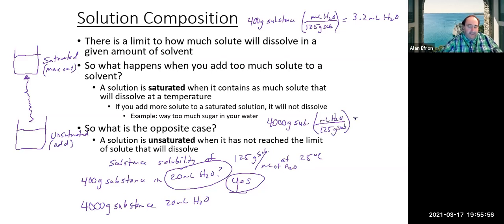If I took 4,000 grams and divided by 125, I would need 32 milliliters of water. In that particular question, the answer would be no, it would not dissolve in 20 milliliters of water.